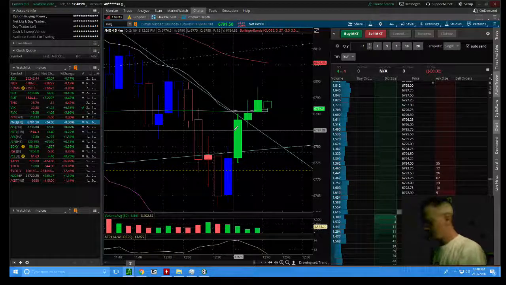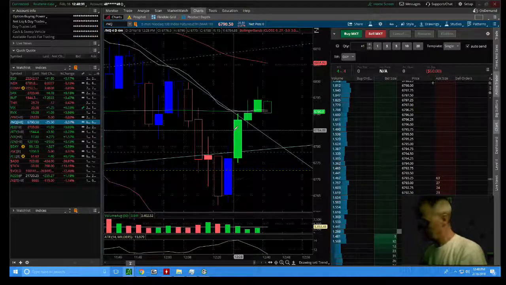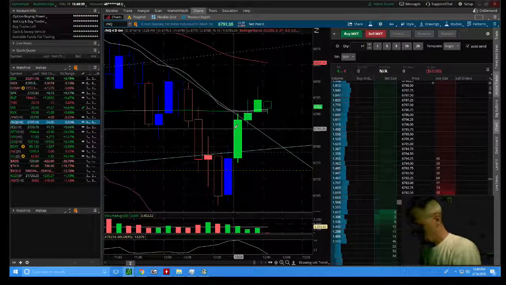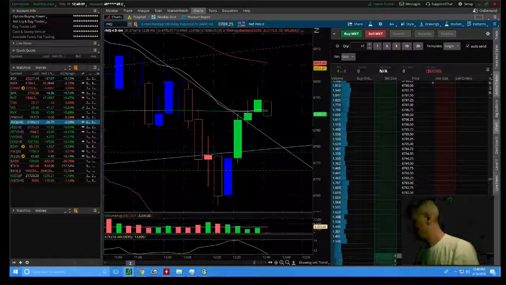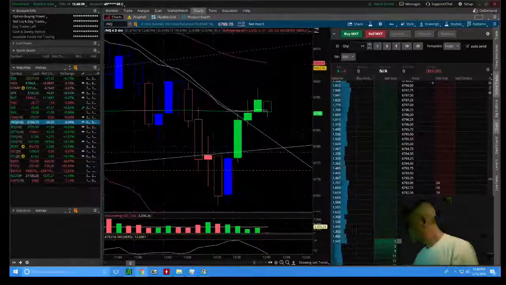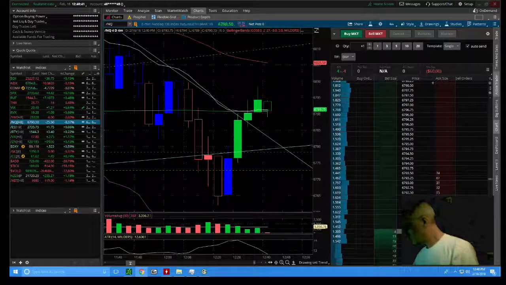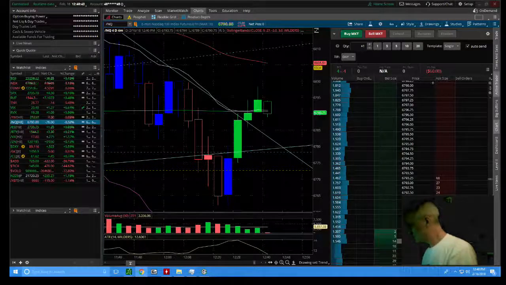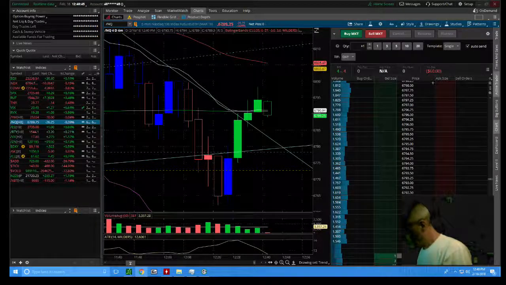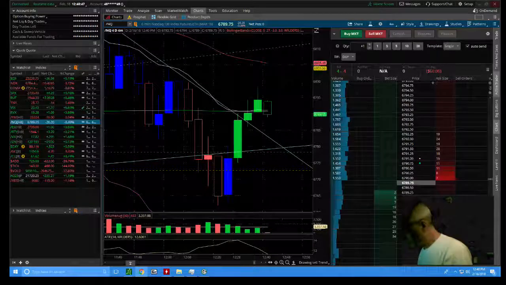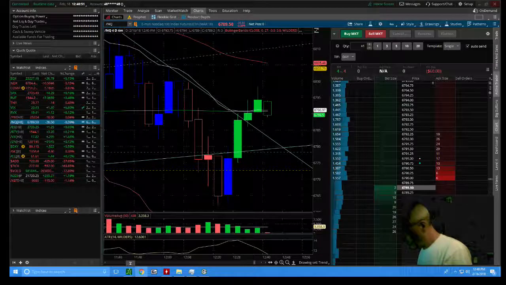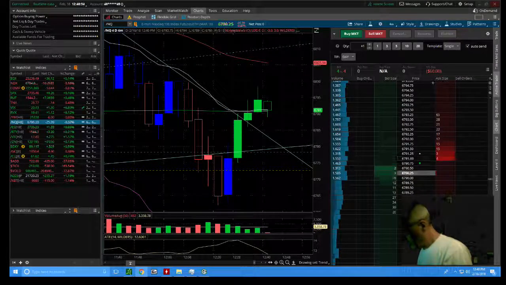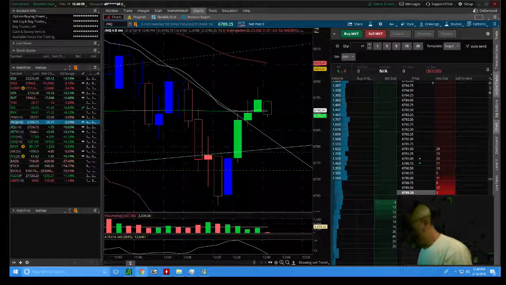That order executed at 67.94.50, and the limit order was set lower.